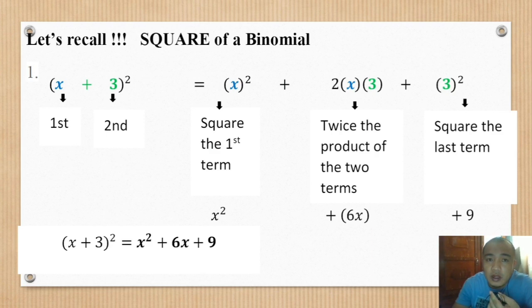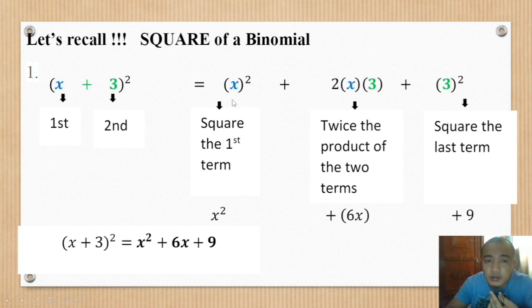Okay, let's try to recall how to square a binomial. So we have here a binomial x plus 3. What is its square? For the first term, we have x, second term 3. The rule is we're going to square the first term.